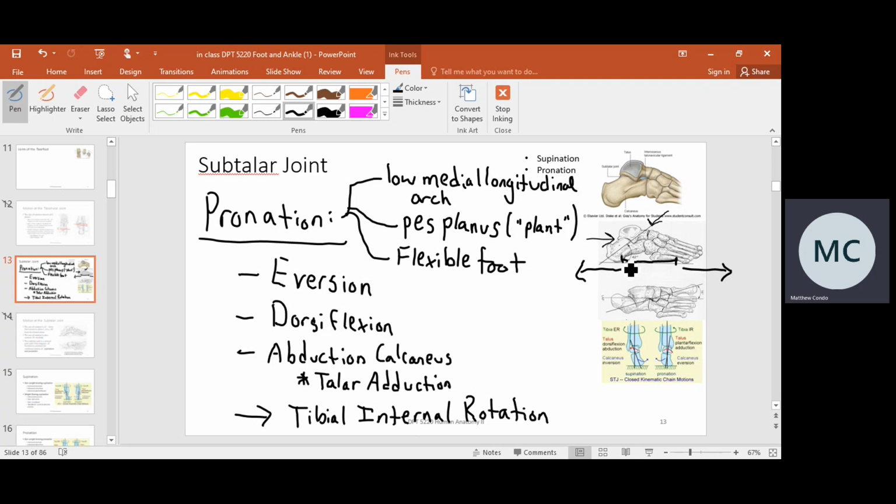Structures on the lateral side are going to be compressed, or my ligamentous structures will be on slack. So my LCL and my IT band are going to be short, are they not? They are. So I would not expect to see a high risk of my LCL tearing, but I could see my MCL tearing.